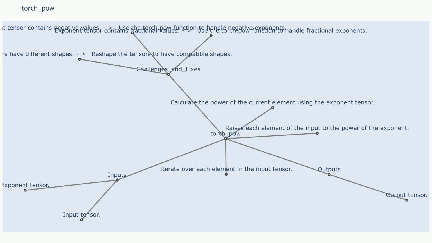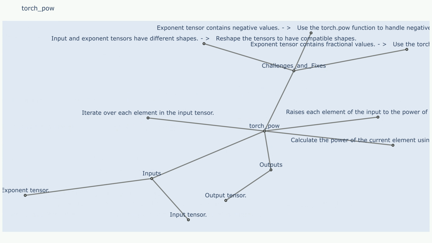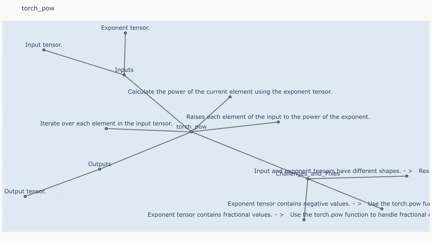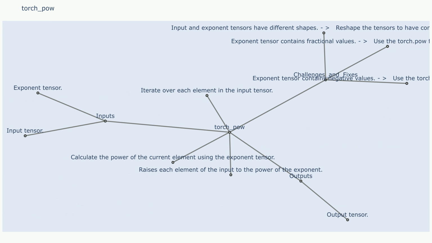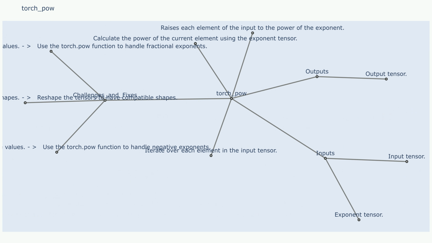Input 2: exponent, the exponent to which each element of the input tensor will be raised. It can be a scalar or a tensor. If a tensor, it must have the same shape as the input tensor. Outputs. Output 1: a new tensor containing the element-wise powers of the input tensor. The output tensor will have the same shape as the input tensor.